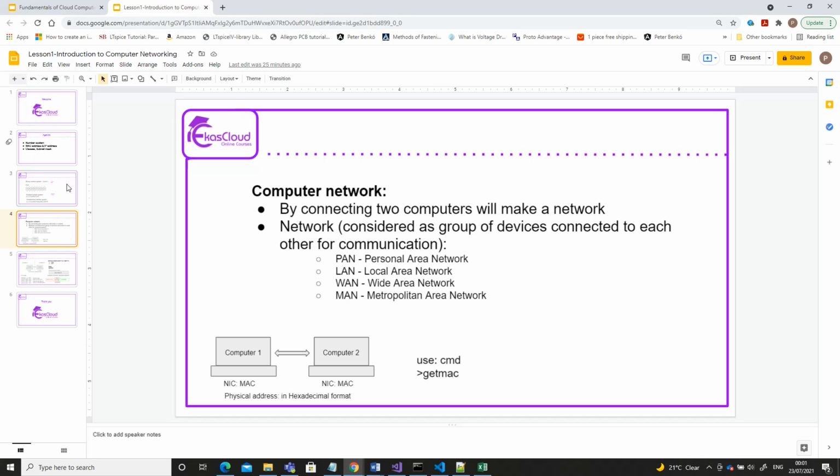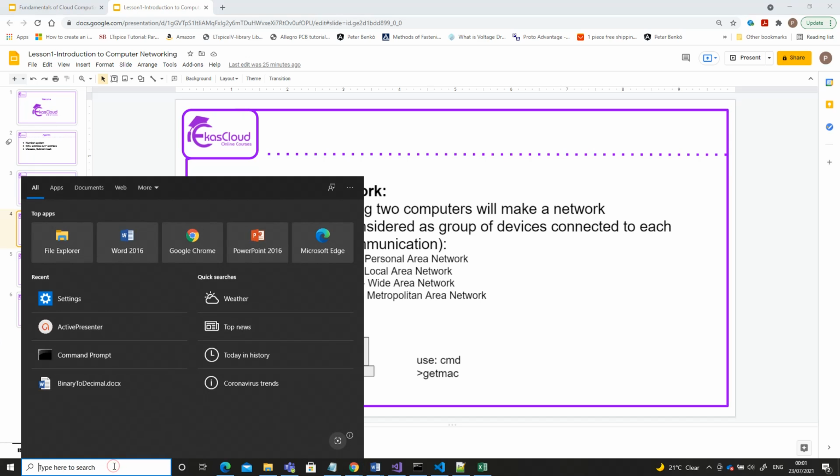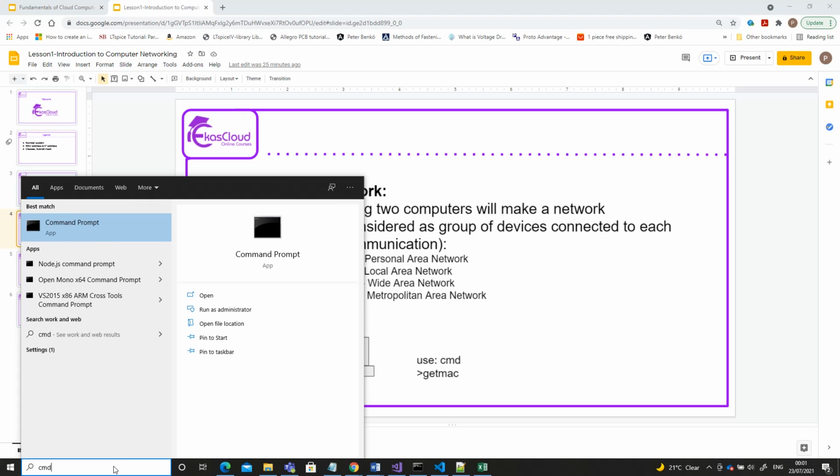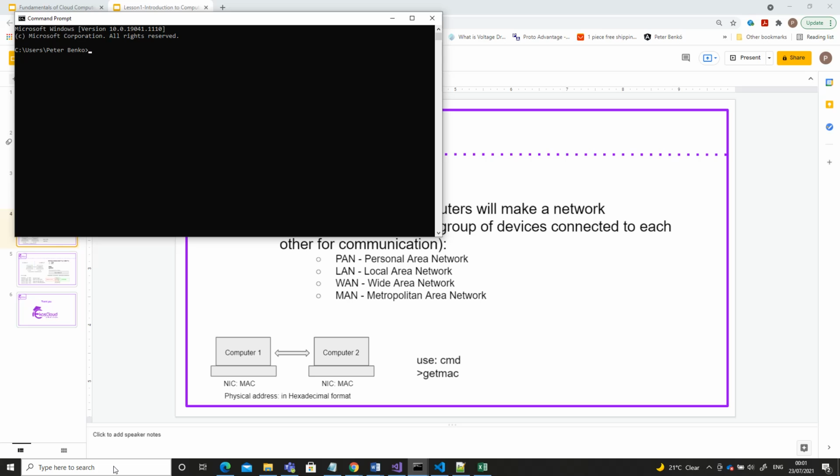Now we can demonstrate here a quick proof. Let's say getmac, and find out what the MAC address of our computer is. There you go.